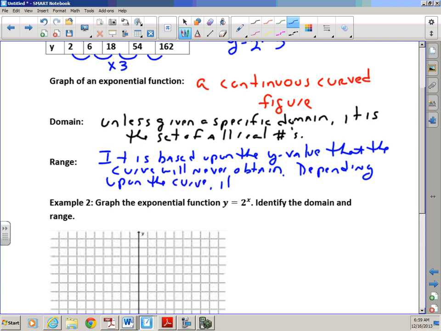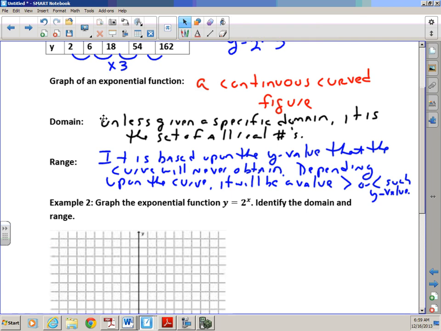It will be a value greater than or less than such y value. Now, if right now you're saying to yourself, I have no idea what he's talking about, it should hopefully be a lot clearer once we go through some examples.